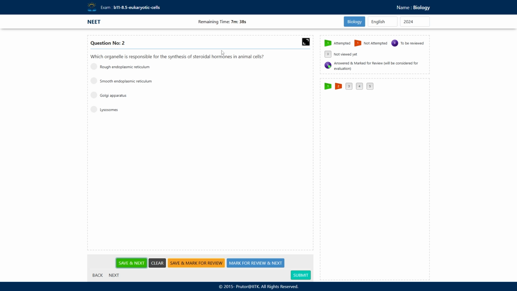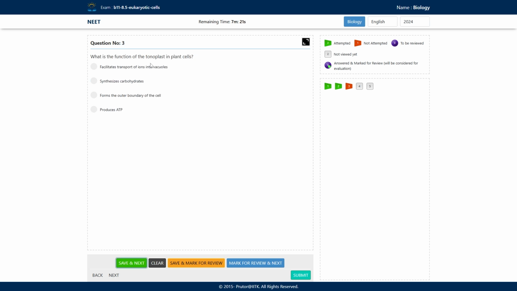The correct answer will be option number B, smooth endoplasmic reticulum. We'll discuss these in our upcoming lectures also. Smooth endoplasmic reticulum is for the synthesis of steroidal hormones in the animal cell.